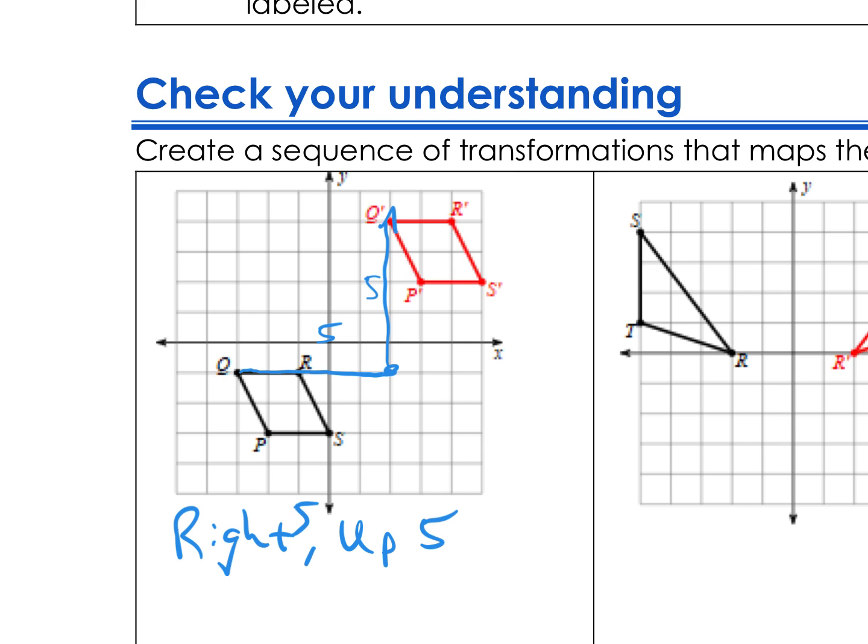Once again, though, we're going from the non-prime to the prime. The prime means the new one. Using a rule, we could say (x, y) goes to (x plus 5, y plus 5), because we're going right 5. That adds to the x value. And then y plus 5. Going up adds to the y value.